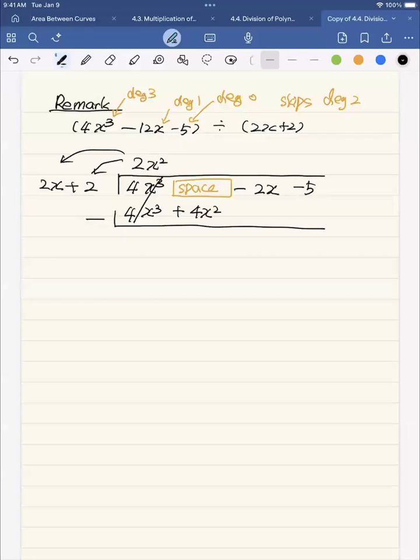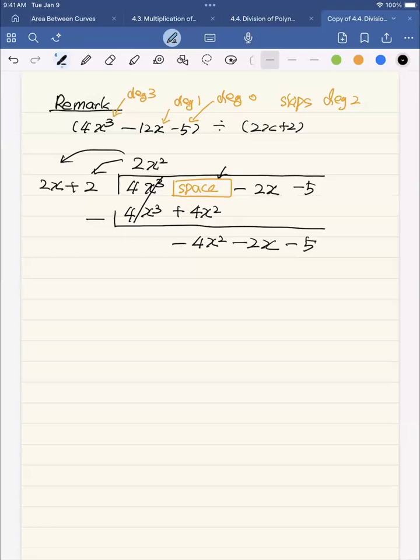And that's in the degree 2 position. Nothing appears here. Then we will subtract. So negative 4x squared minus 2x minus 5.